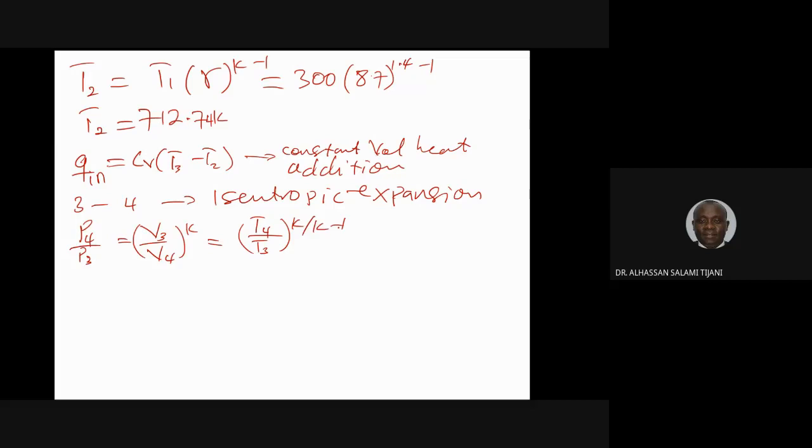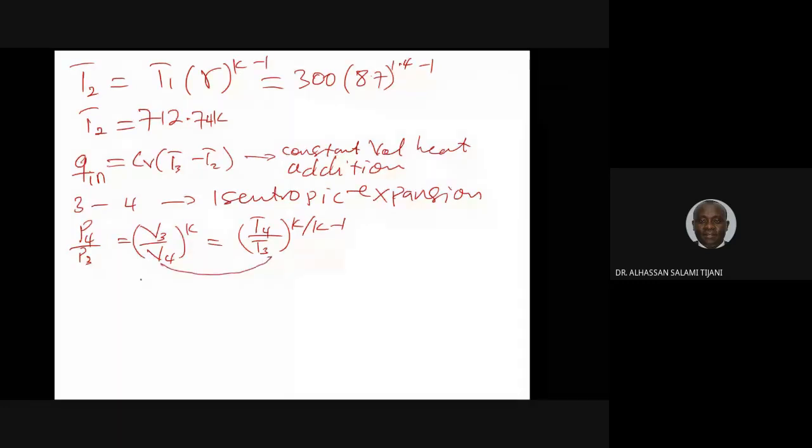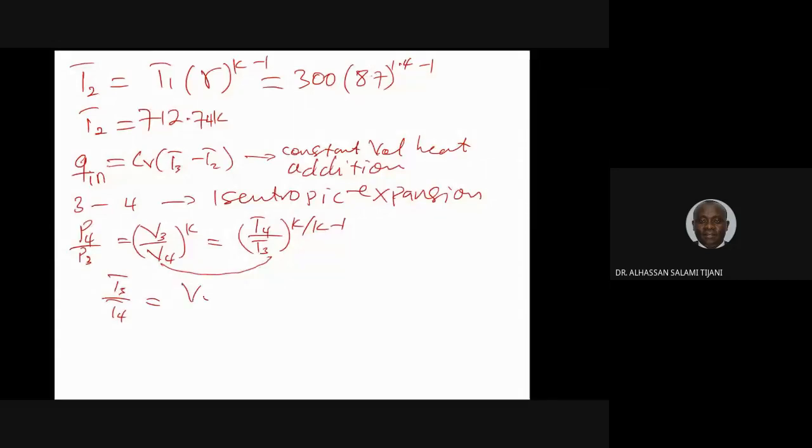Okay, so we can rewrite this equation as an expression between the volume and the temperature. This gives me T3 divided by T4 equals V4 divided by V3 raised to the power K minus 1.